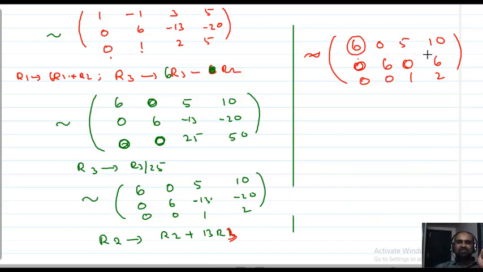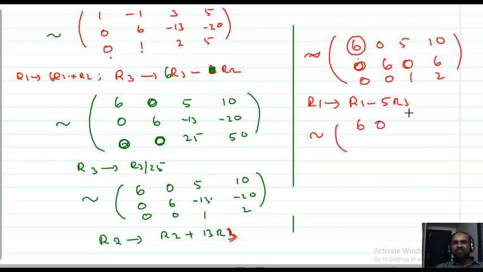Next, yeah, what I want, 1 0 0. Here you don't want 5 here. So by using R3 I can change it as a 0. R1 changed as R1 minus 5 R3, equivalent to, yeah, 6 as it is, 0 as it is.